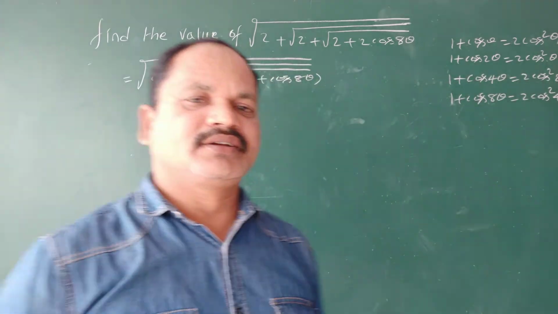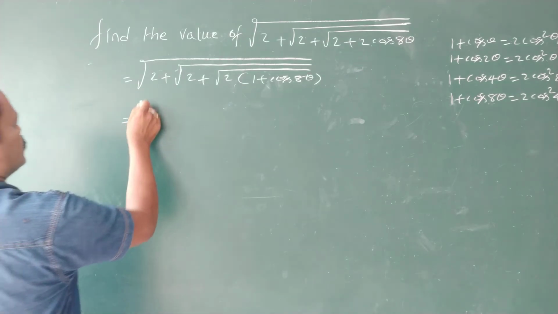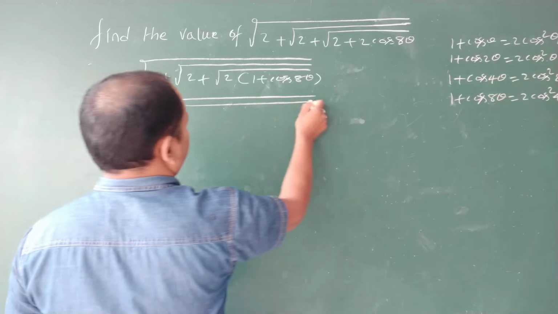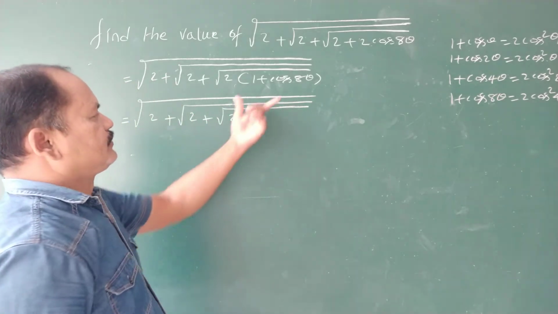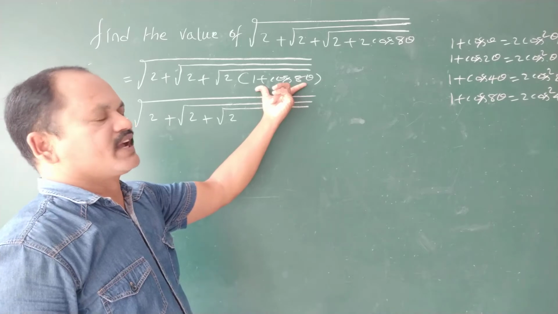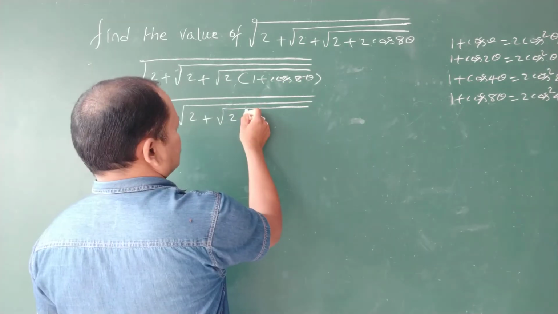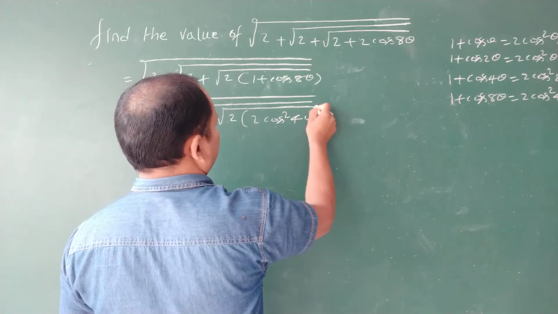Right. So from that we have to use here 2 plus square root of 2 plus square root of 2 times of, in place of 1 plus cos 8 theta, what we have to write, that is 2 cos square 4 theta.